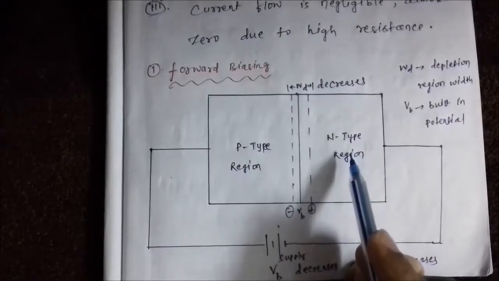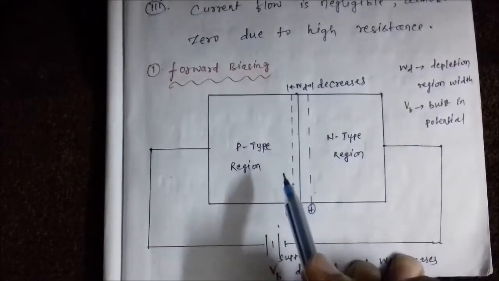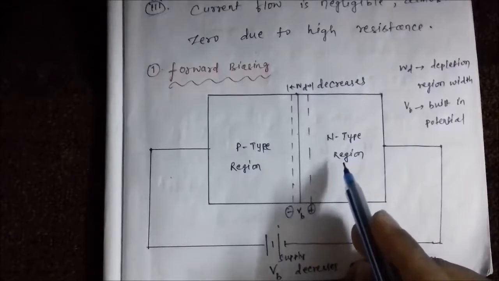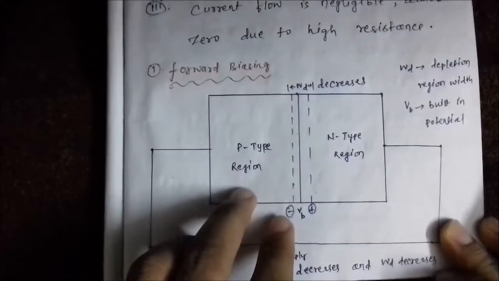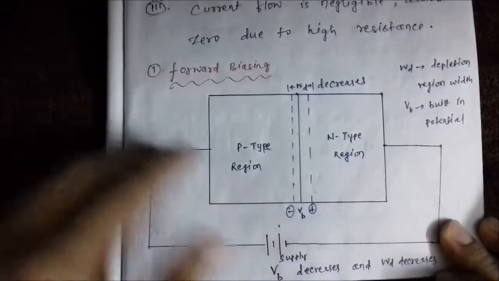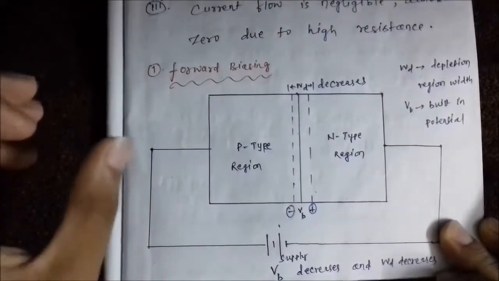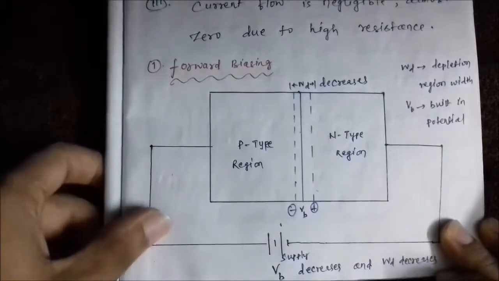So as the electrons reach the p-type region, electron-hole recombination takes place. These free electrons from the n-type region occupy the vacant spot in the covalent bond, or they fill the hole.